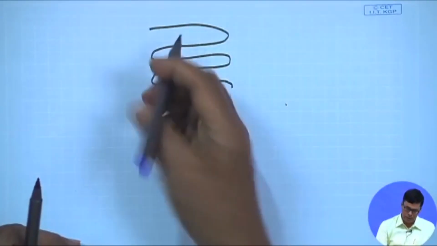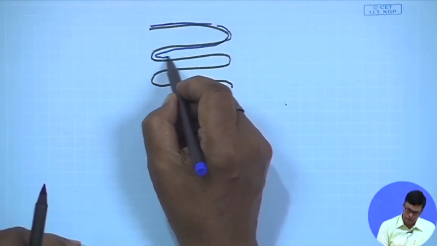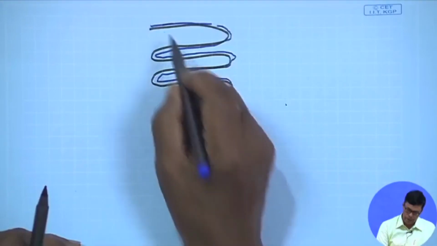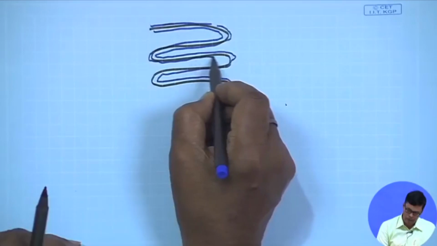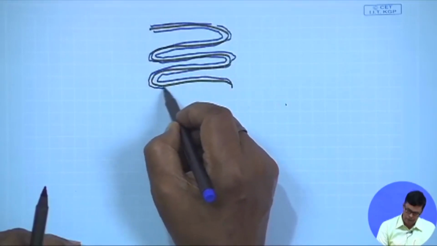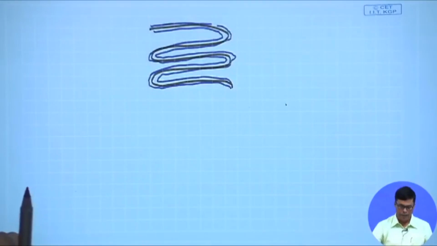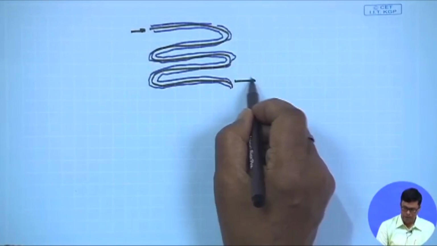The pipeline is insulated like this, with insulation outside the pipe, so that the heat loss is minimal. That is the practice, because we pass the media through here.